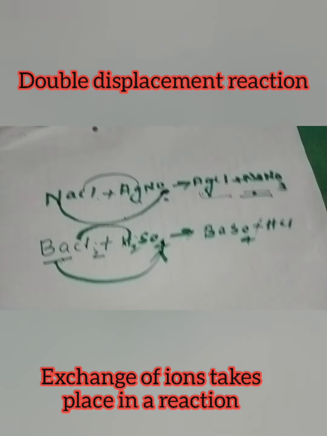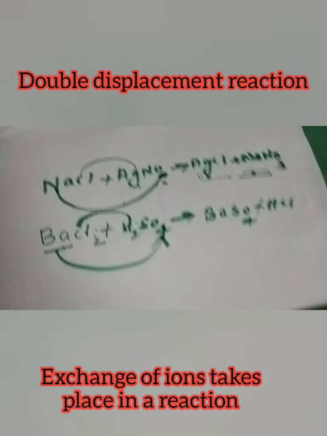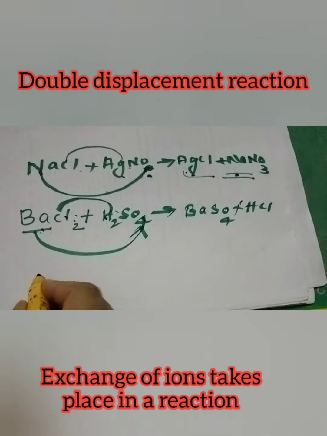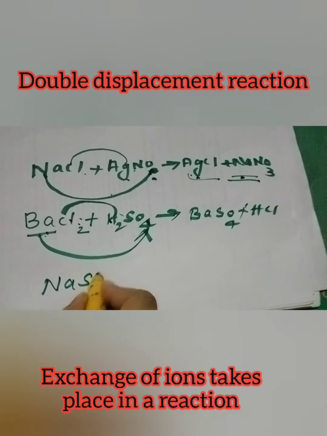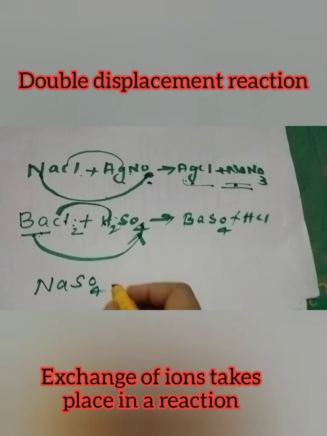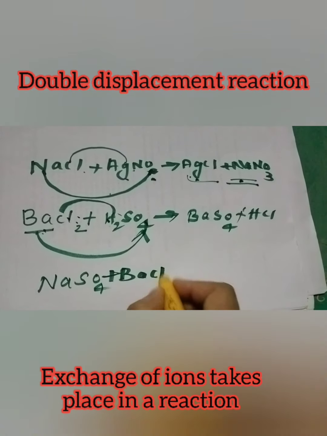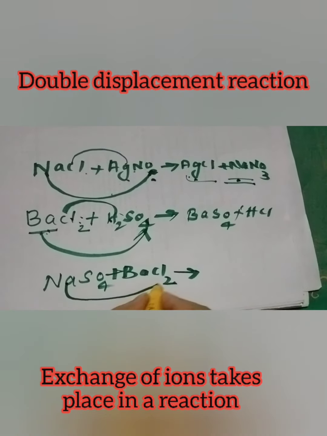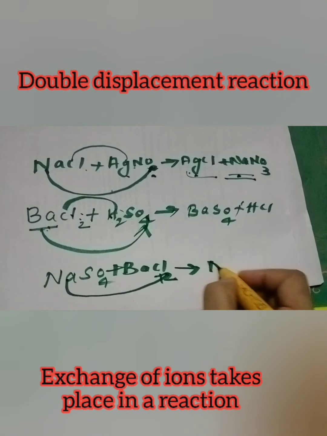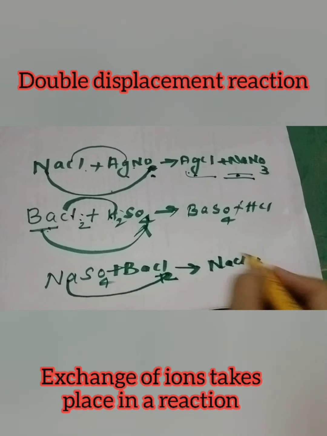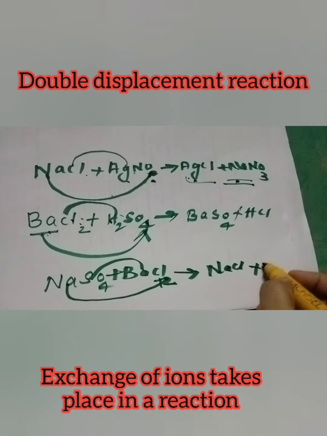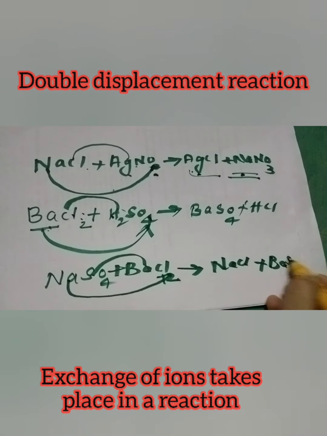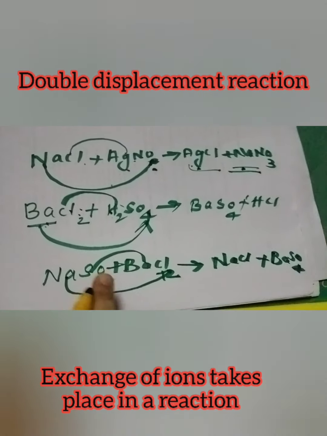One more example I can give you. Sodium sulfate combines with barium chloride, BaCl2, and will give you now what? Tell me, exchange of ions: sodium chloride and barium sulfate. Here exchange of ions takes place.